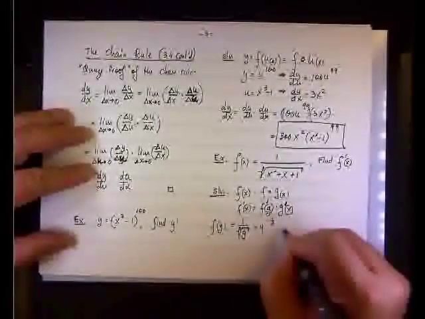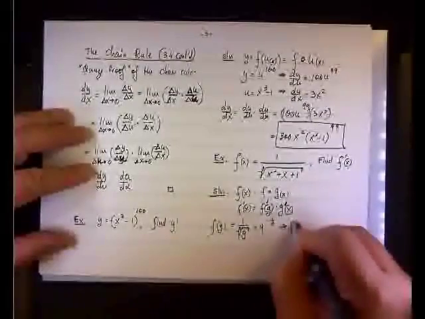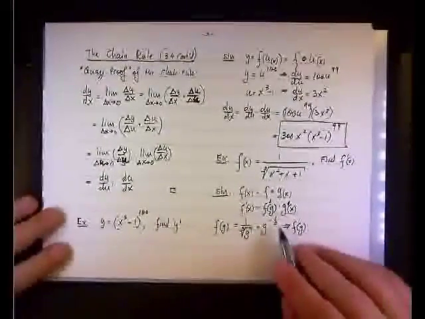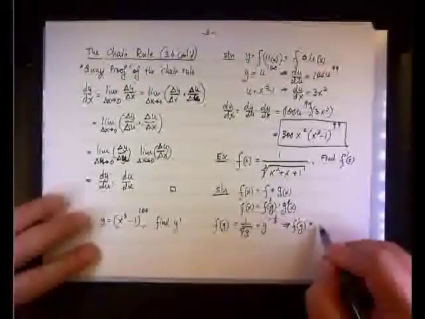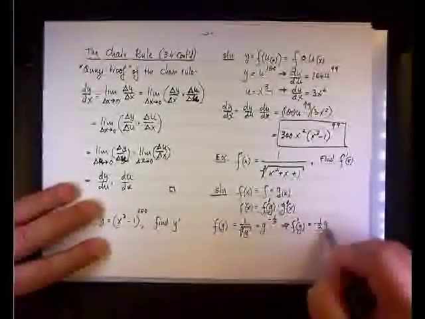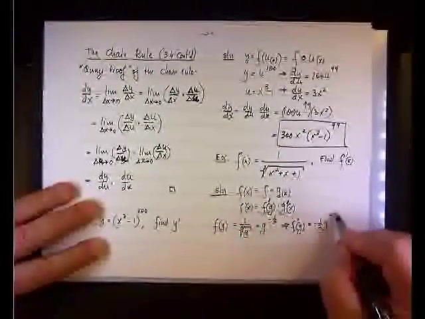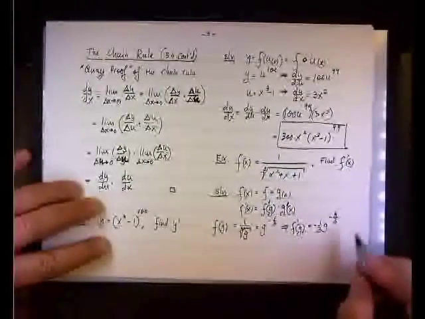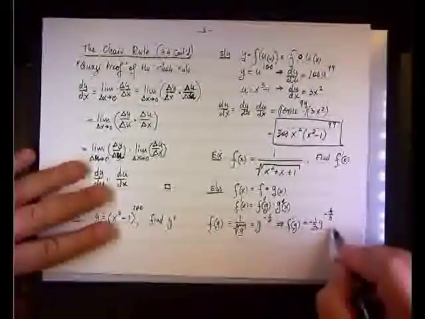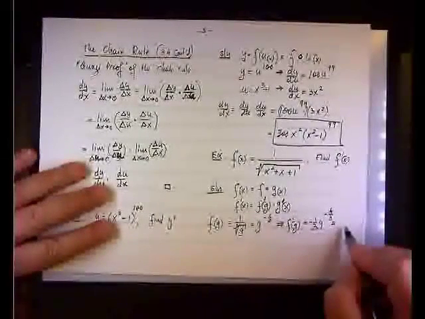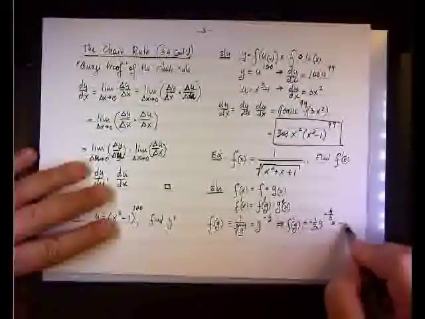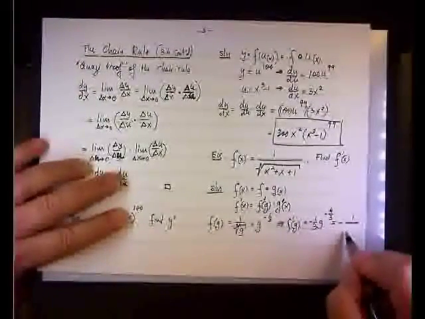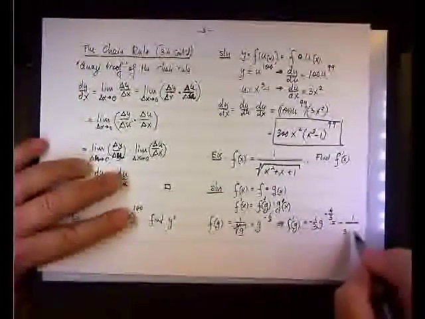And therefore, f prime in terms of g, the derivative of f with respect to g, will be negative 1/3 g to the negative 1/3 minus 1, or negative 4 over 3, so negative 1/3 g to the power of negative 4 over 3. Write it back in radical terms: it will be negative 1 over 3 cube root of g to the 4th.